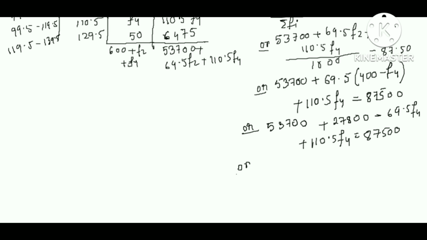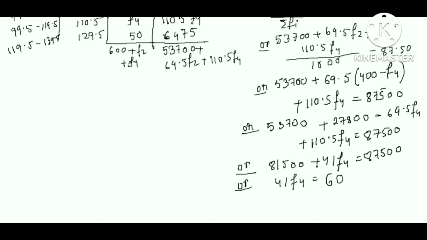Or 81500 plus 41 F4 equals to 87500, or 41 F4 equals to 87500 minus 81500, that means 6000, or F4 equals to 6000 divided by 41, that means 146.34.